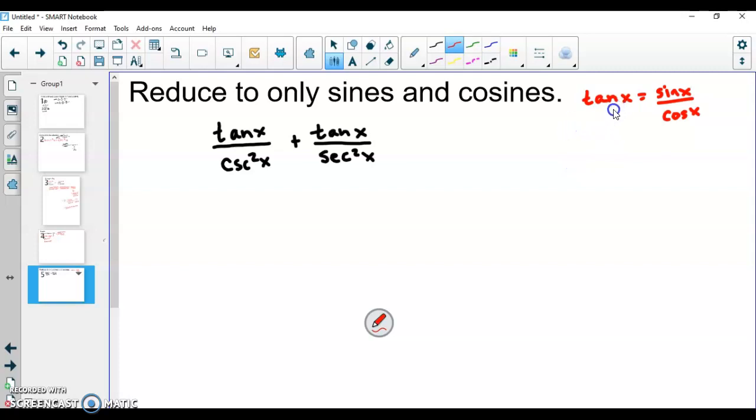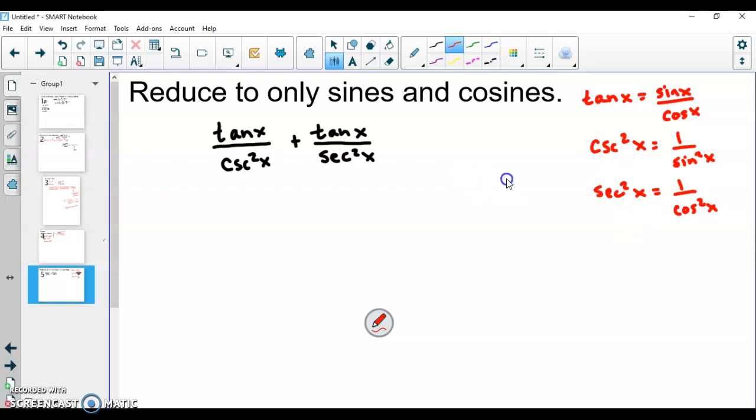So if I had cosecant squared x, it would be the same as having 1 over sine squared x. Likewise, if I had secant squared x, that would be equivalent to having 1 over cosine squared x.